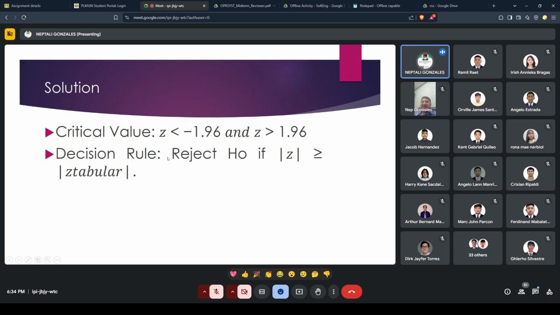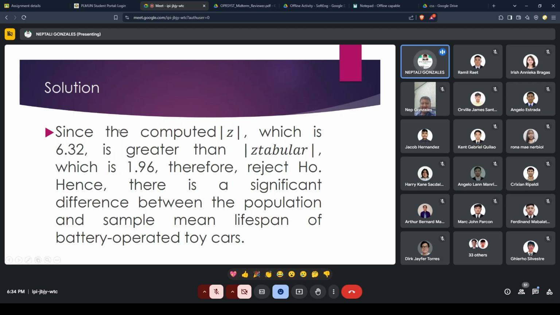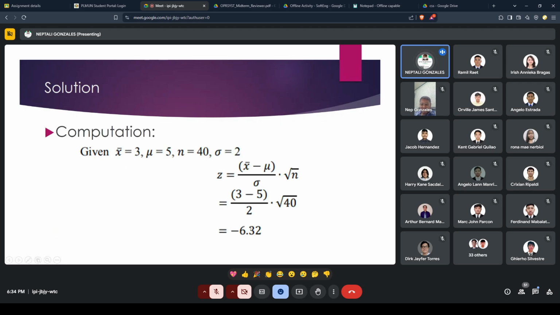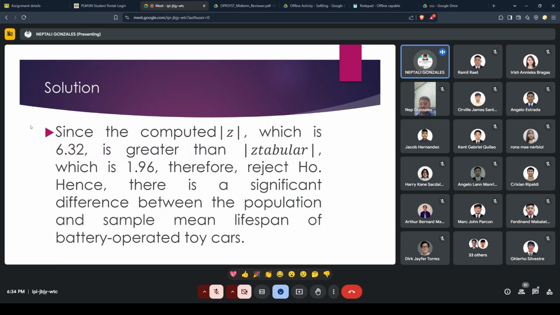The claim of 5 years is not true if the computed value is greater than or equal to the tabular Z value. Since the computed value from our computation earlier was negative 6.32, we need the positive one, that is why it is in absolute value, which is 6.32, and that is greater than the tabular value, which is 1.96.